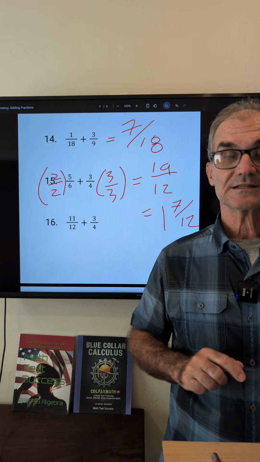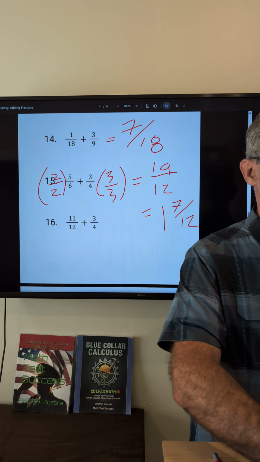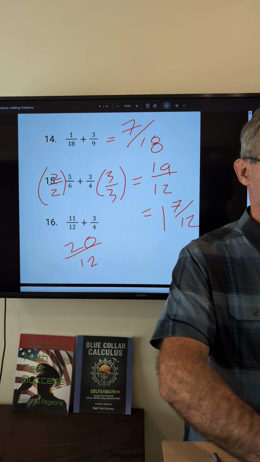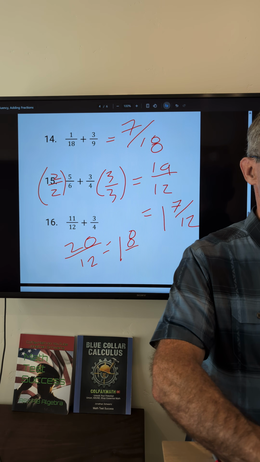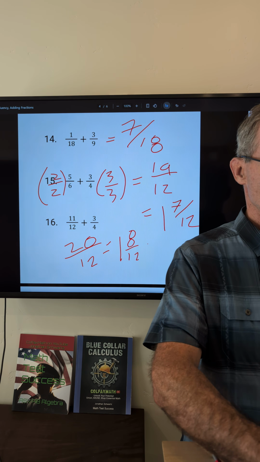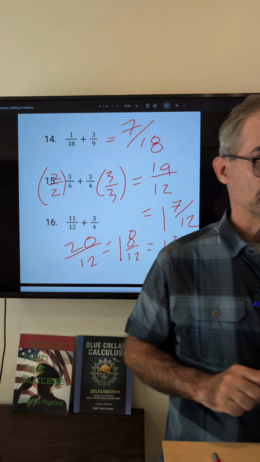Number 16, 11/12 plus 9/12 is 20/12, or 1 and 8/12. Then I could reduce that. 4 goes into 8 twice and into 12 3 times, so 1 2/3.